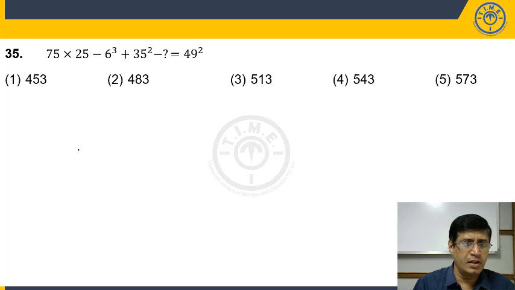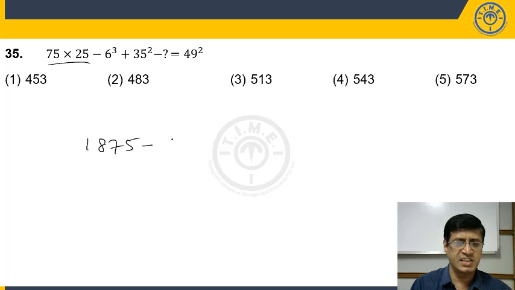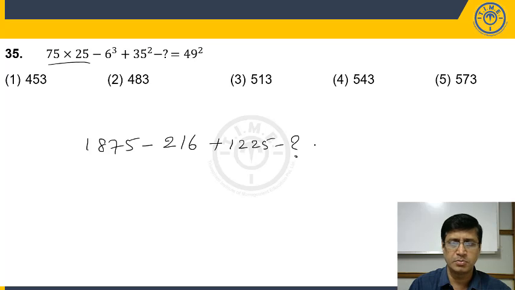75 into 25. The product of these two numbers is 1875. 6 cube is 216. 35 square is 1225. Minus question mark is equal to 49 square, which is 2401. So how much is the value of question mark?